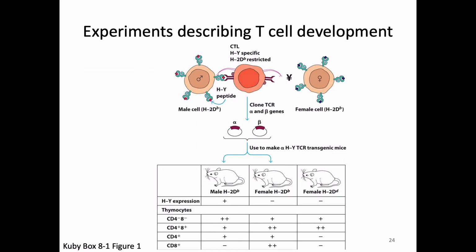And so they did the exact same experiment in the male H2B mouse, who in fact expresses HY as a self-antigen, whereas the females did not express HY. It was a non-self antigen. And when they did that, they saw double negatives, and they saw teensy bit of double positives.